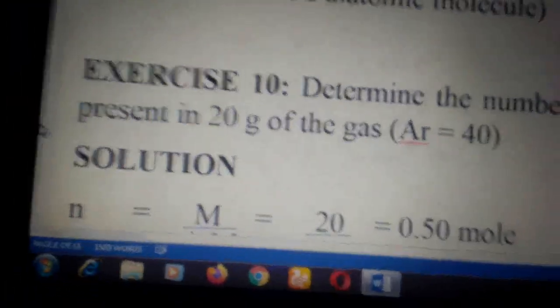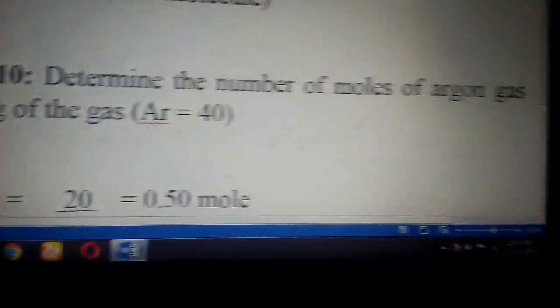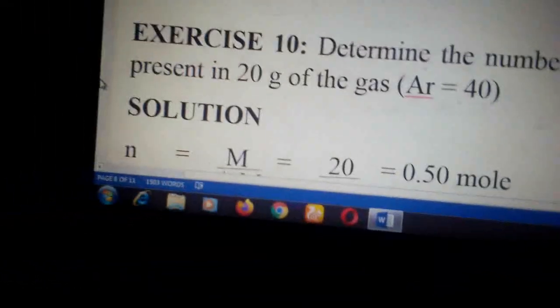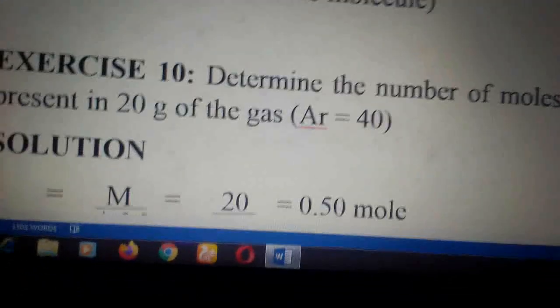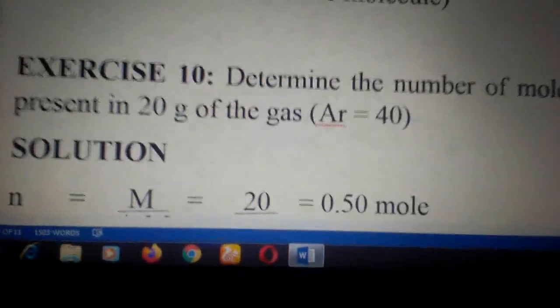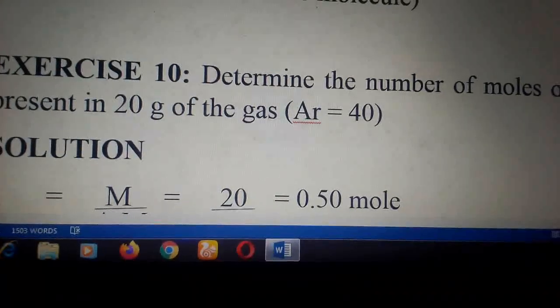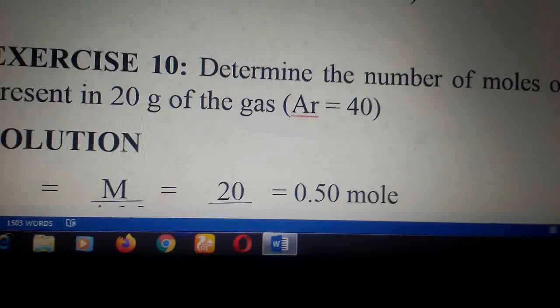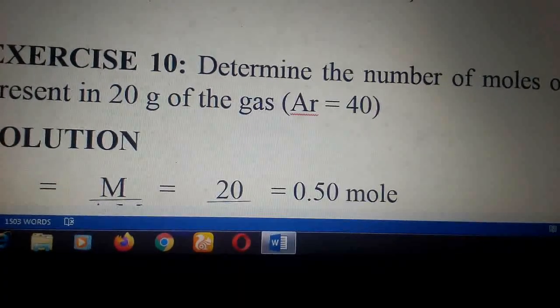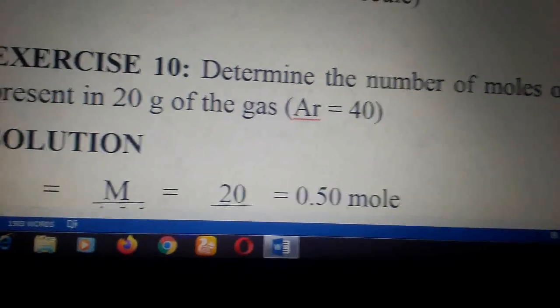So go to exercise 10 that says: determine the number of moles of argon gas present in 20 grams of the gas. Argon, the mass is 40. And I said initially that noble gases are monatomic. What are the noble gases? They include helium, neon, argon, xenon, krypton.